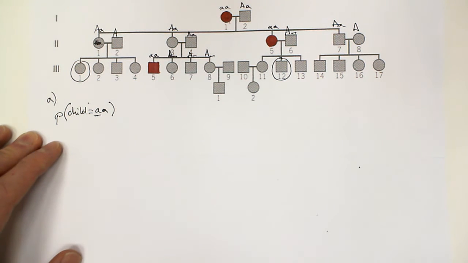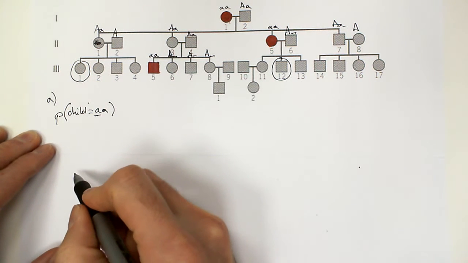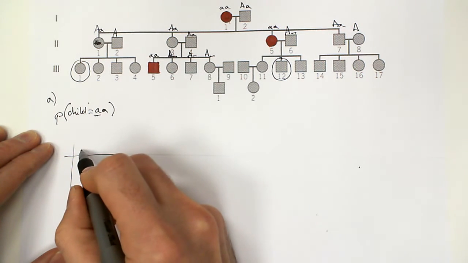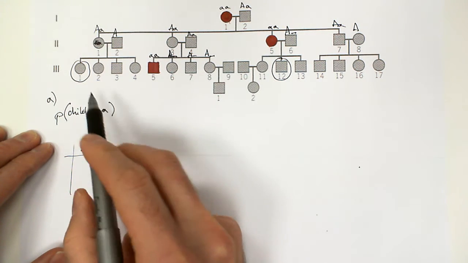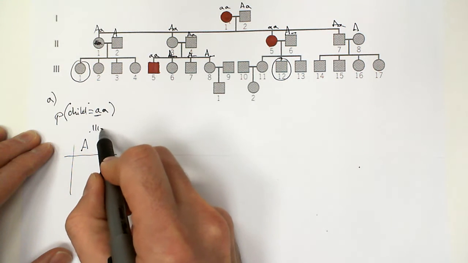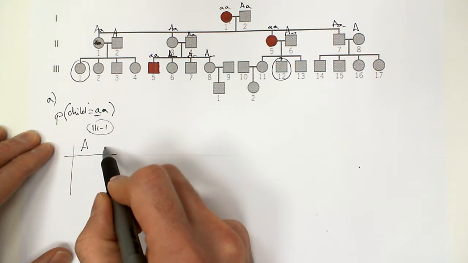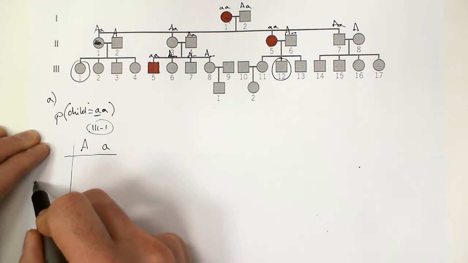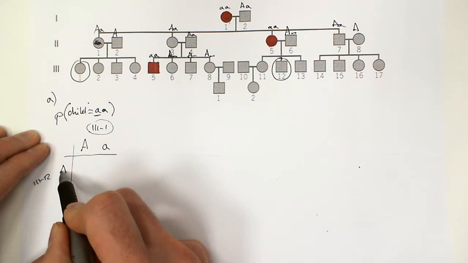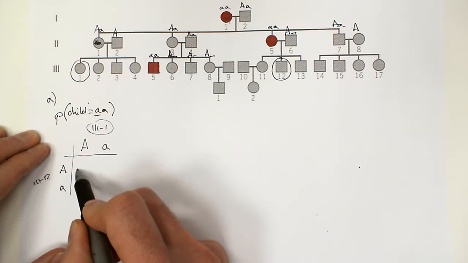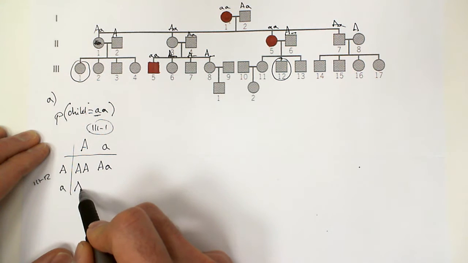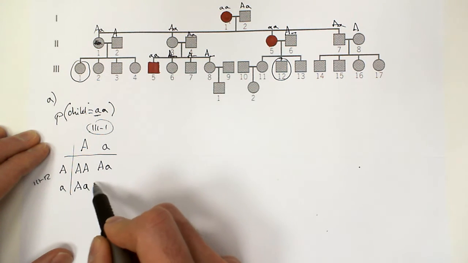Okay? So first of all, most of you got about as far as figuring out the Punnett square, where you said, okay, individual 3-1 can donate either a big A or a little a, and individual 3-12 can donate a big A or little a, and so the possible genotypes of their children are listed here.